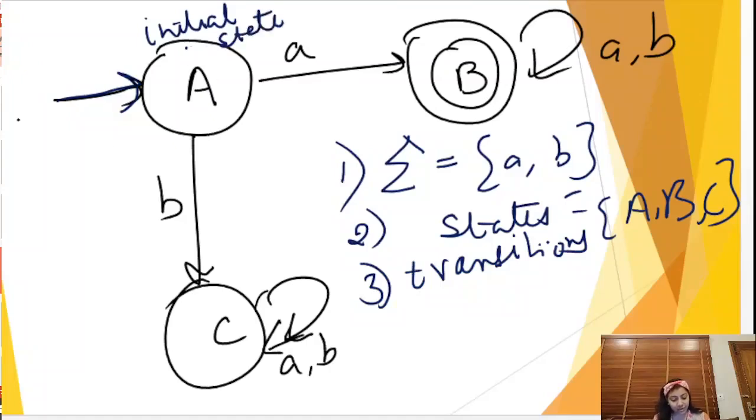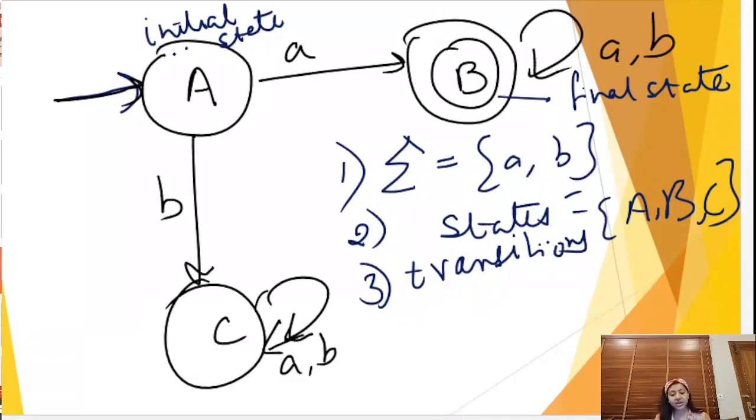And whenever we see any state that has a double circle, that represents a final state. So all the double-circled states represent final states, and the state in which an arrow comes from nowhere represents my initial state. So this is the basic structure of finite automata.